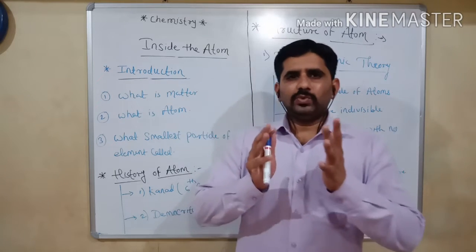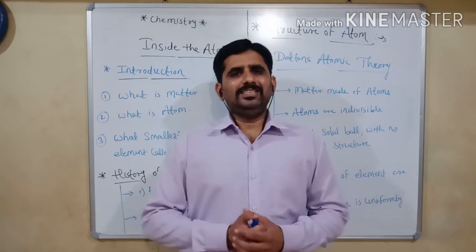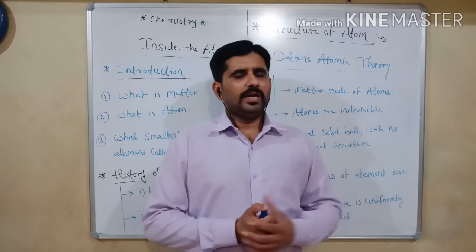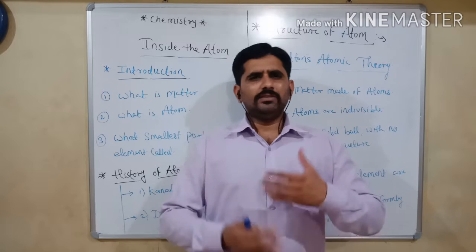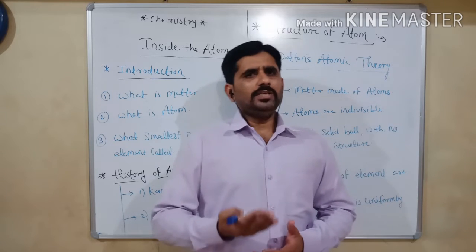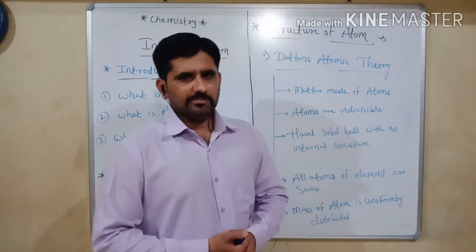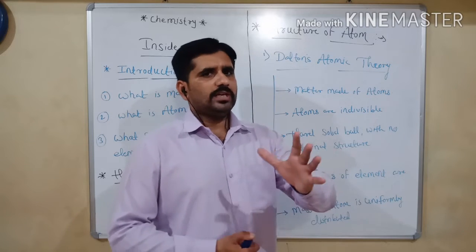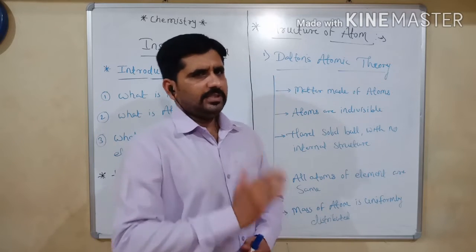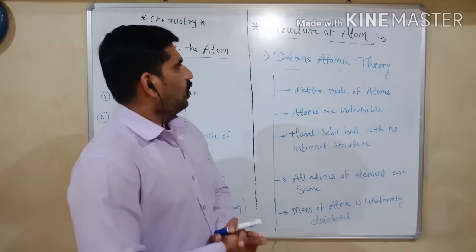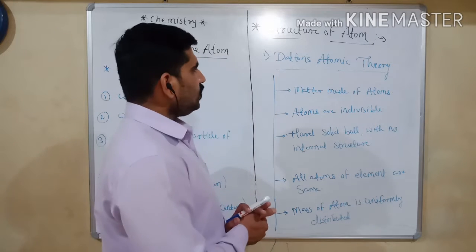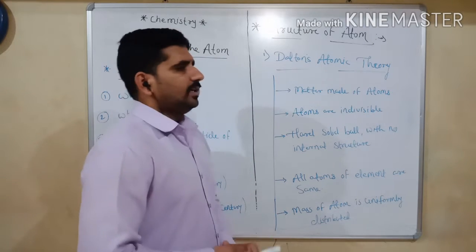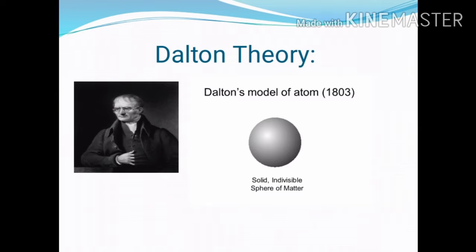Now we will see the scientists' observations which are given in this lesson. We will discuss them one by one and see what explanation they gave regarding the atom through their experiments. In this series, the first scientist to give observations was Dalton.